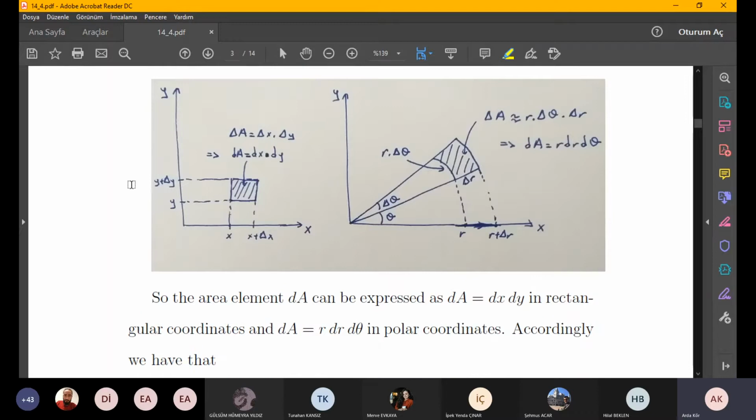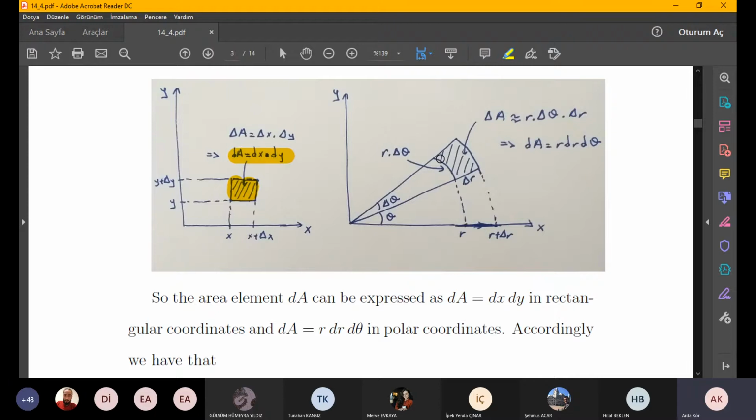If you look at the first sketch here, the shaded area represents delta A, which is delta x times delta y, and it also represents dA, which is dx times dy.